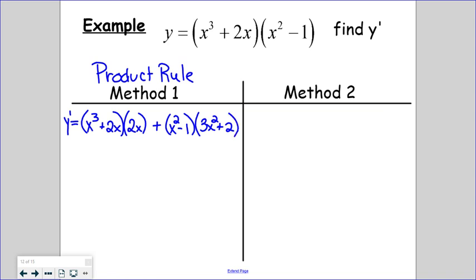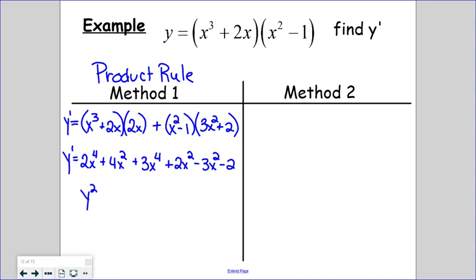Good so far? Probably would need to clean that up because usually it's not just a question of take the derivative of this function. We're usually using it for something. So let's look at the cleanup process here. Distribute right here, we would get 2x to the fourth plus 4x squared. FOIL over here, 3x to the fourth plus 2x squared minus 3x squared minus 2, and combine like terms.